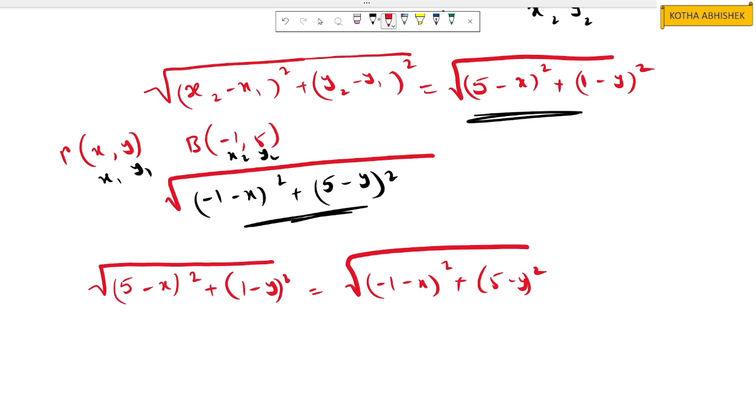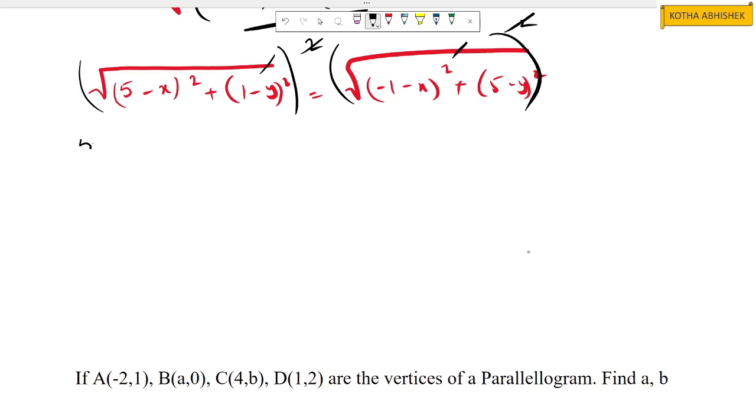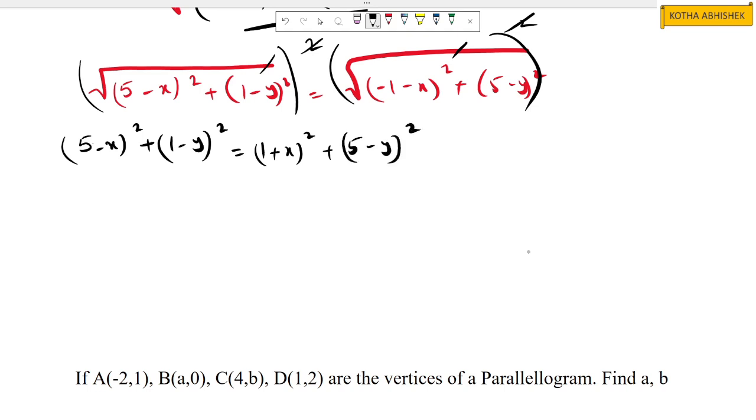So first to remove that square root we will do squaring on both the sides. So the square root will get cancelled. So 5 minus x whole square plus 1 minus y whole square is equal to, here minus 1 minus x whole square is there, right? Both are negatives means we can convert that as plus. So 1 plus x whole square plus 5 minus y whole square. Now let us expand this.